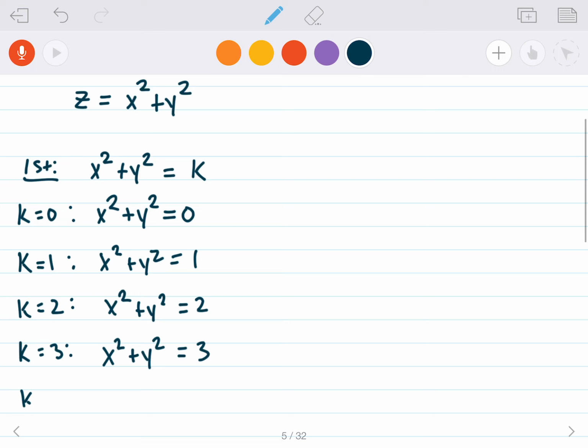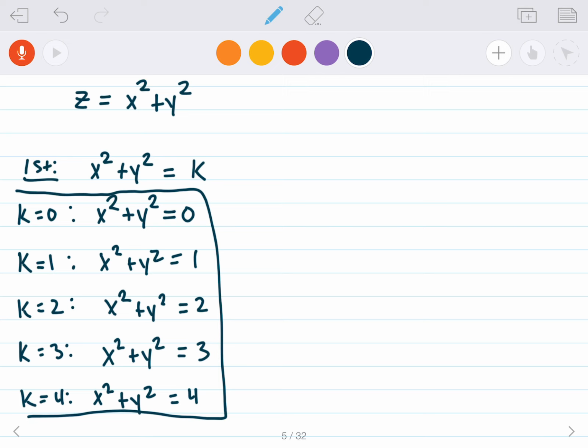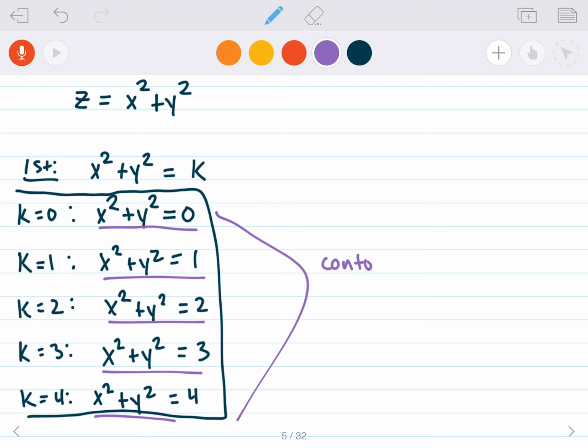And finally, when k equals 4, x squared plus y squared is equal to 4. These are my contour lines.